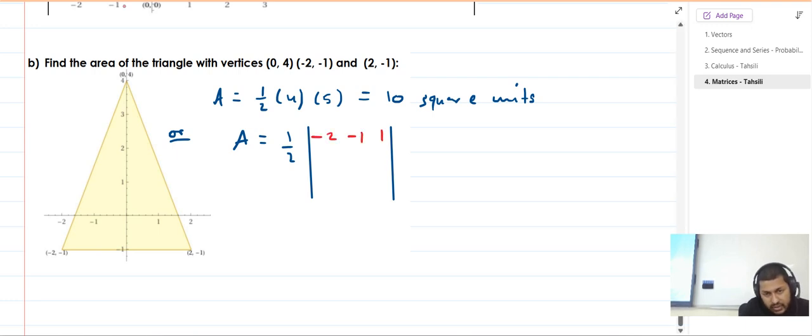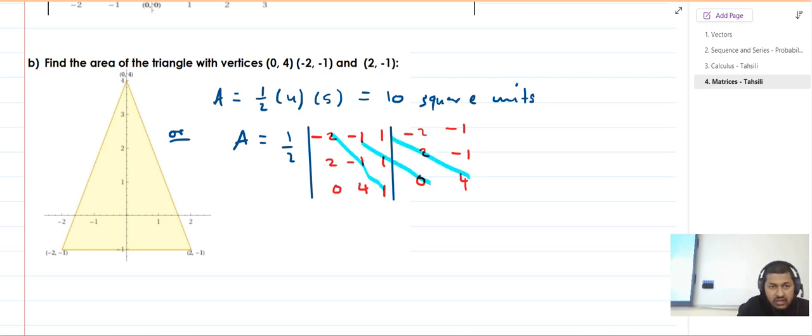Don't forget to put 1 1 1 at the end. Next one is 2 and -1, and 0 and 4. Nice, we have 0. So -2 to 0, -1 -1 and 4. Remember, I put them in any order or order preference, whichever way you like. And then up diagonal, should get the same answer, 10.